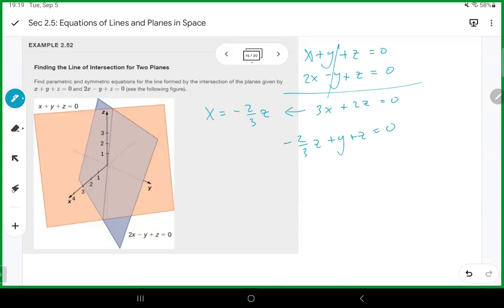And so then we have y plus 1/3 z equals 0. So now we have y in terms of z as well.